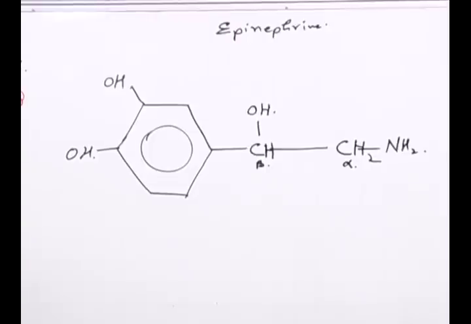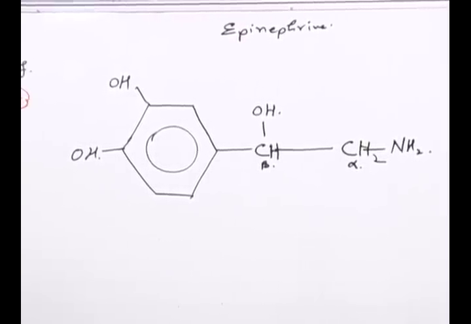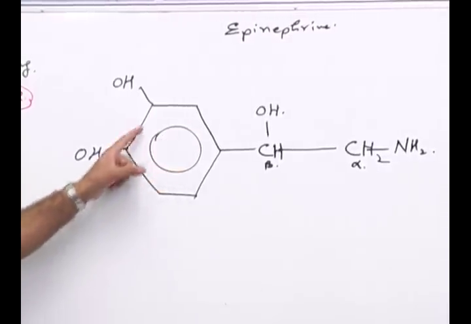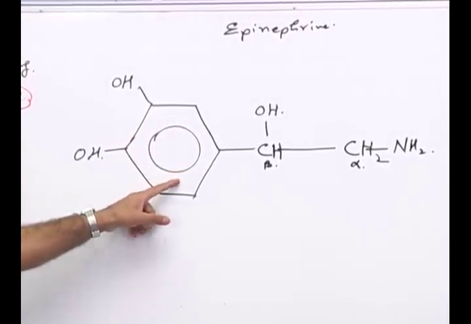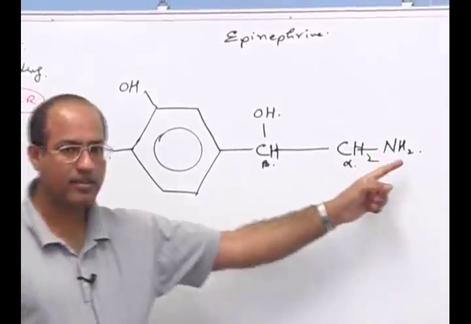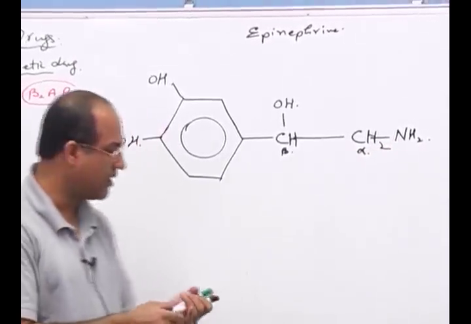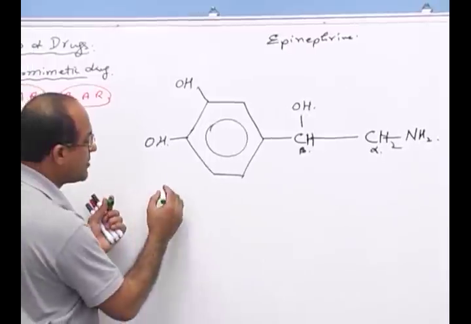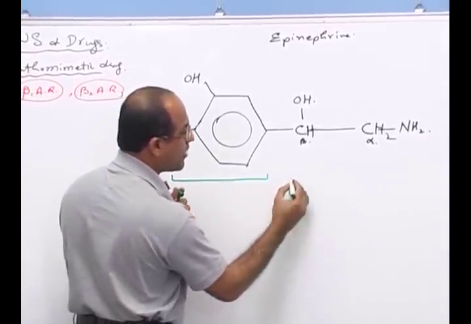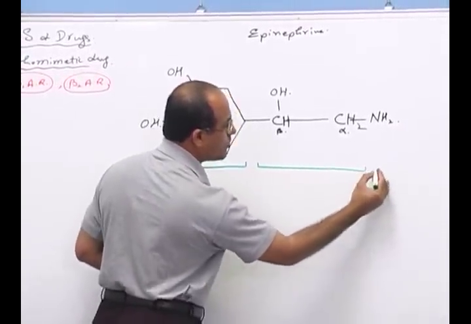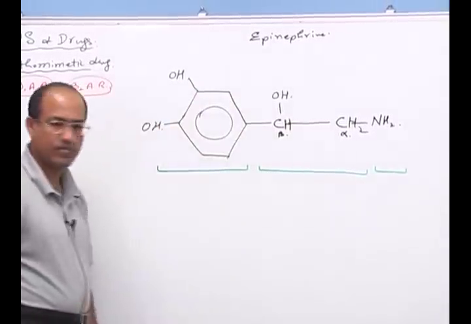What is this drug? Yes, first of all, biochemically this drug is a phenyl ring with an ethyl group and an amino group. It's so simple. What is it? A phenyl ring, with that there is an ethyl group, with that there is an amino group.